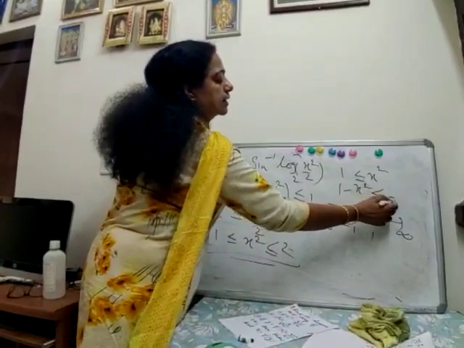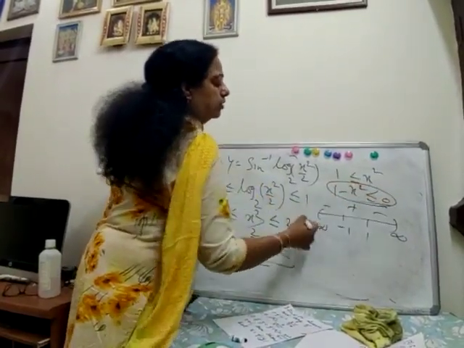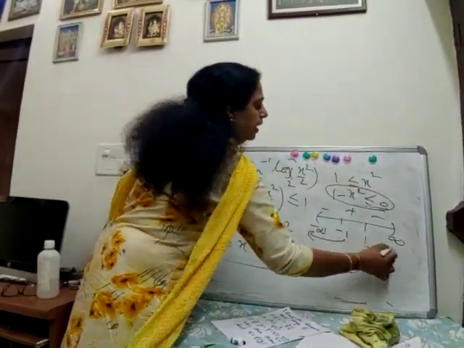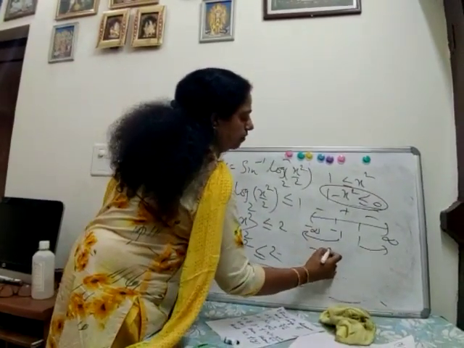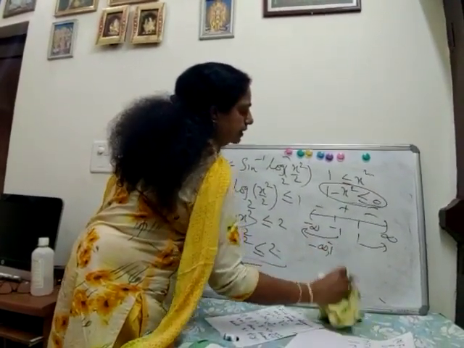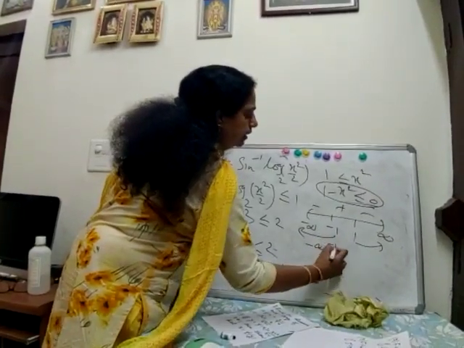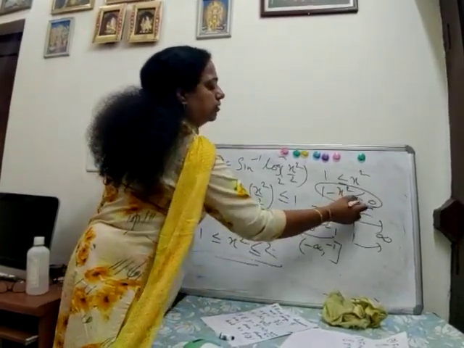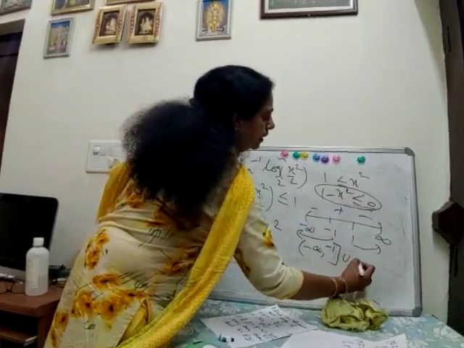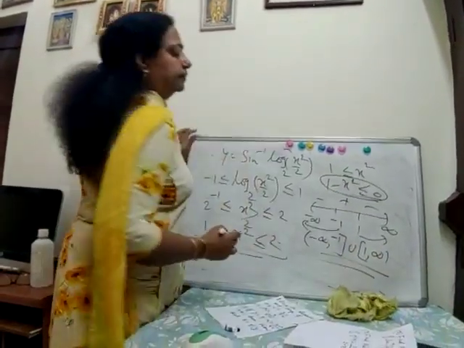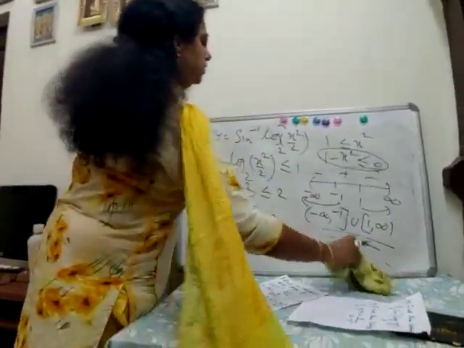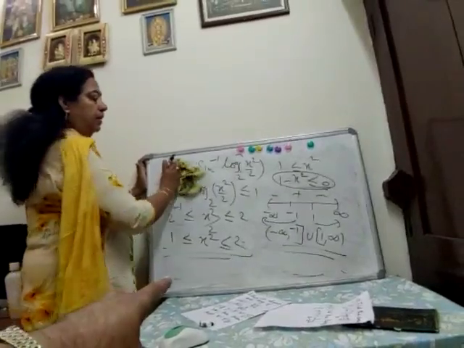So we need less than or equal to, so your solution set will be minus infinity to -1, and it is closed because equality is also there, union 1 to infinity, and here also closed. Equality is also there. So 1 will also come.